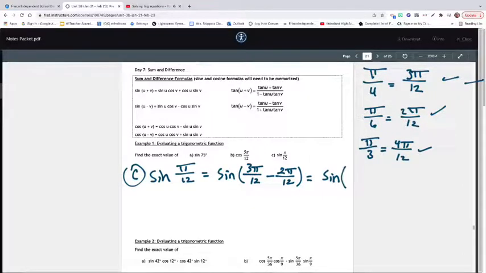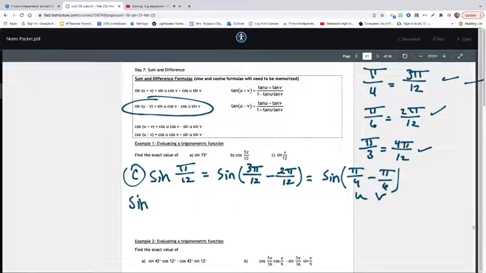So that's sine of 3 pi over 12, which is pi over 4, and 2 pi over 12 is pi over 6. So now we can just use this one because we're subtracting them. This is my u, this is my v. So we'll do sine of pi over 4, cosine of pi over 6, minus cosine of pi over 4, sine of pi over 6.